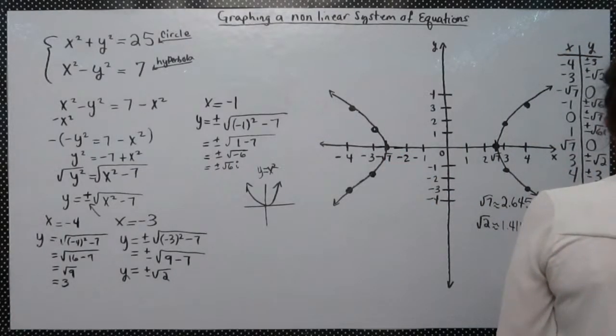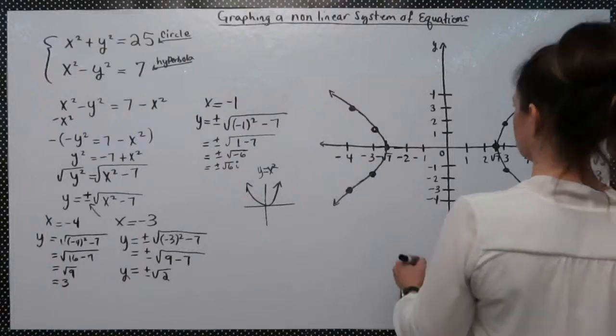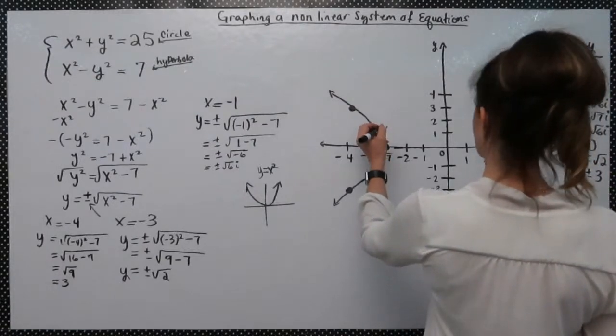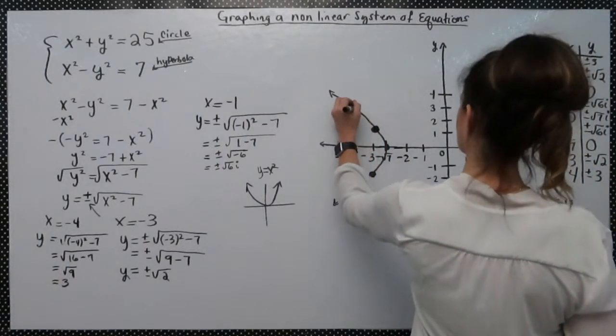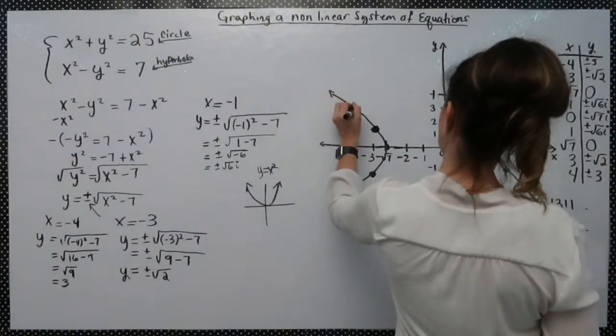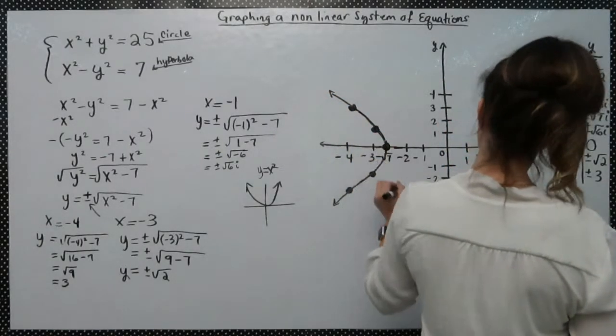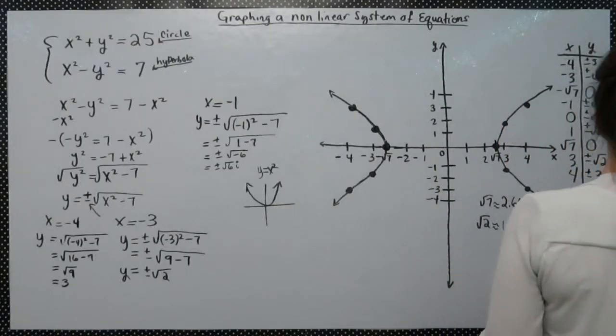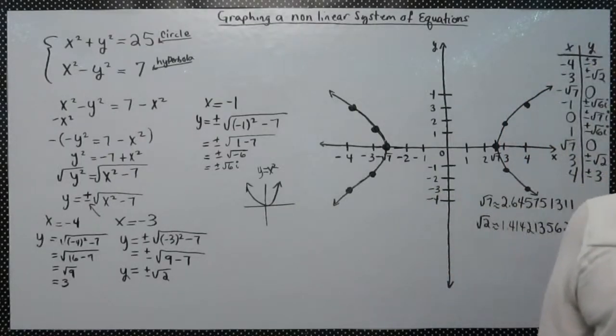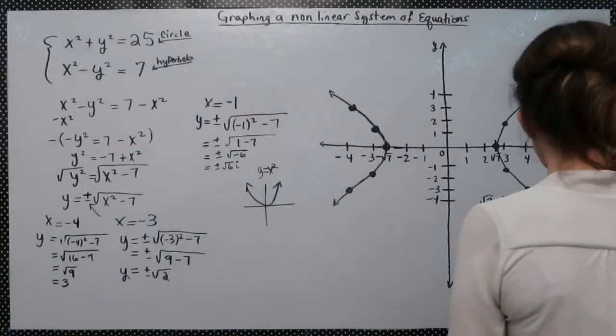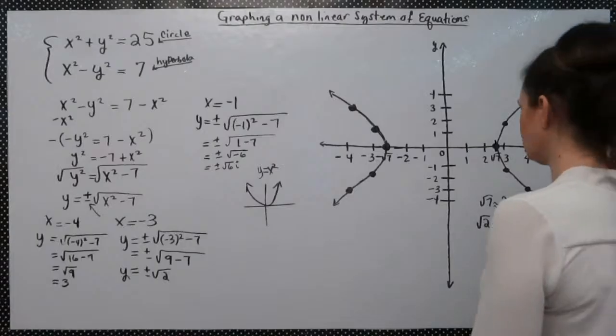It's close enough. 1, 2. Okay. So let's see what I want to do next. All right. So what I want to do next is go ahead and sketch this circle.